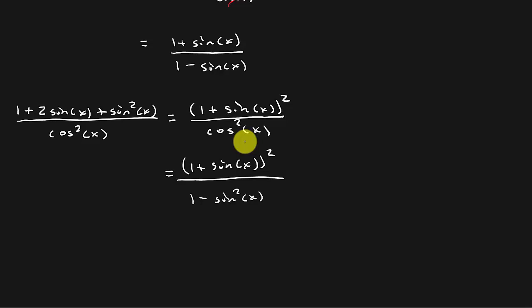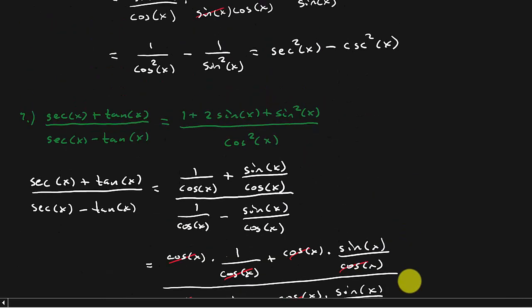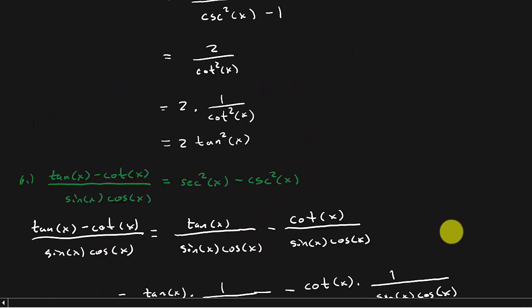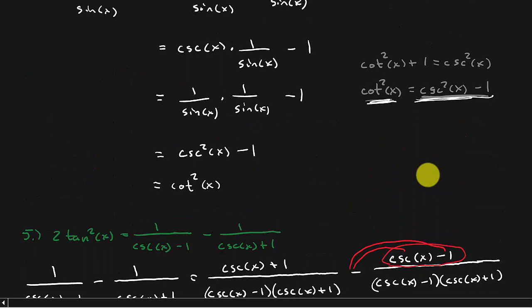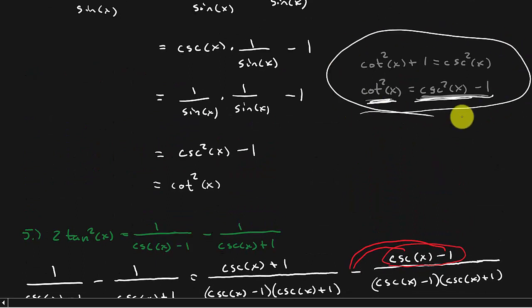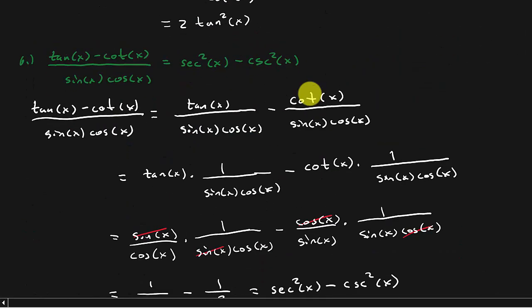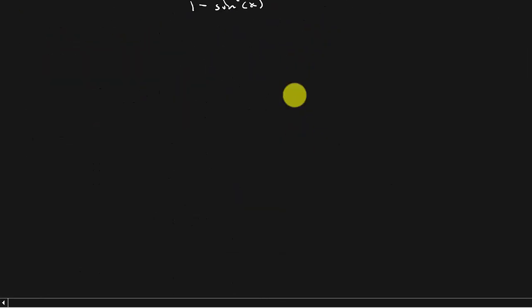That goes for these other identities too, like we did up here. Be able to recognize those identities solved for different terms. I know I've said that before, but it doesn't hurt to say it again.